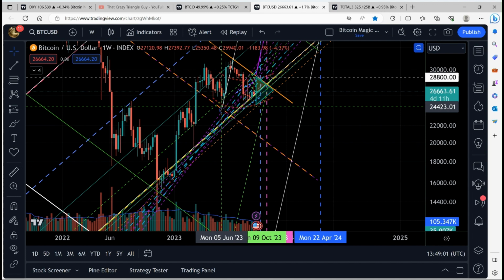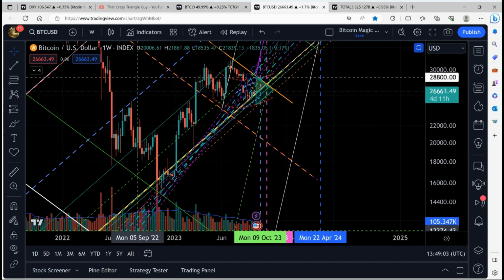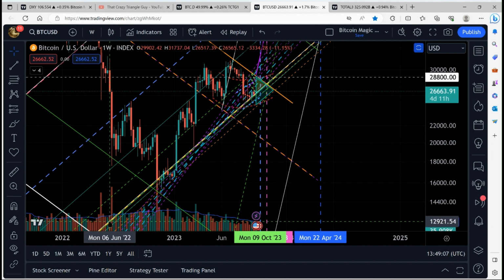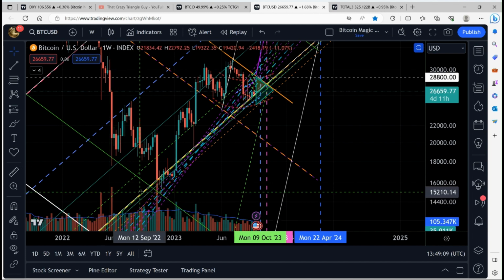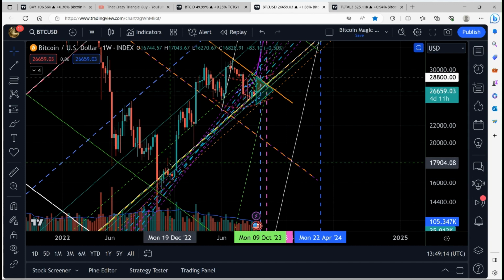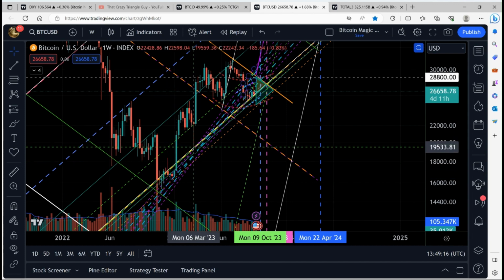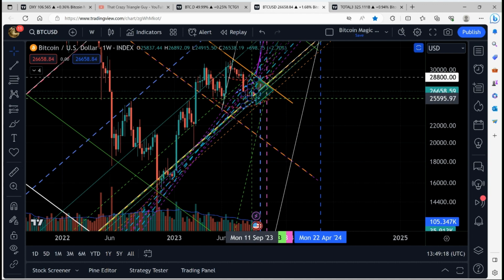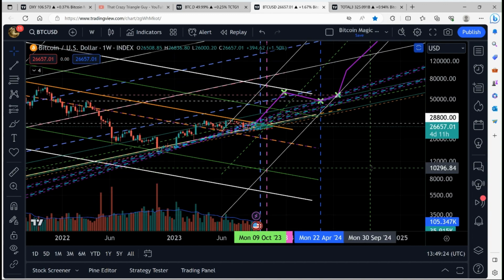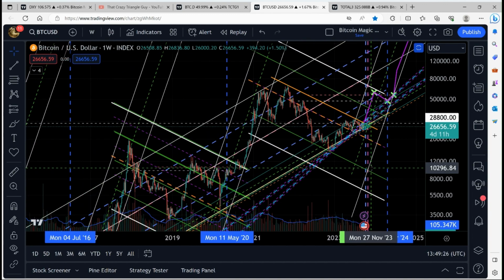But that's not the real Bitcoin trend line. The real Bitcoin trend line is this shallower trend line that goes through these points and hits this point and hits over here where we currently are. You've got to zoom out to get the real trend line.